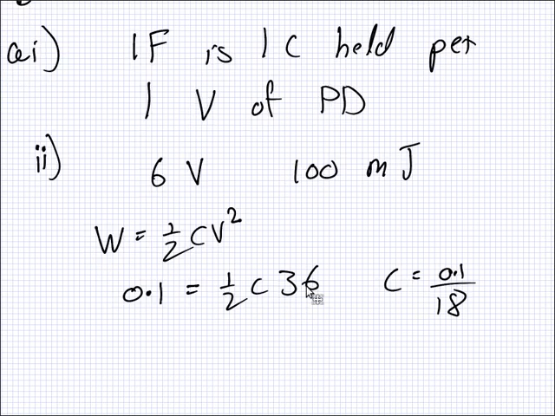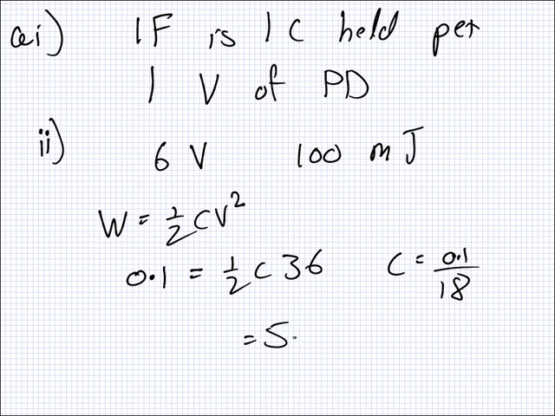So what's that? 5.56 times 10 to the power minus 3 farads. Is it always half CV squared for the work on the capacitor? Yeah, I think so. It would shock me if it wasn't.